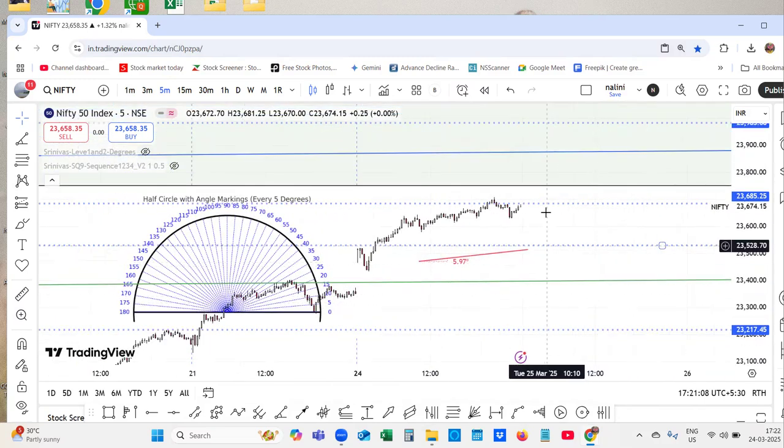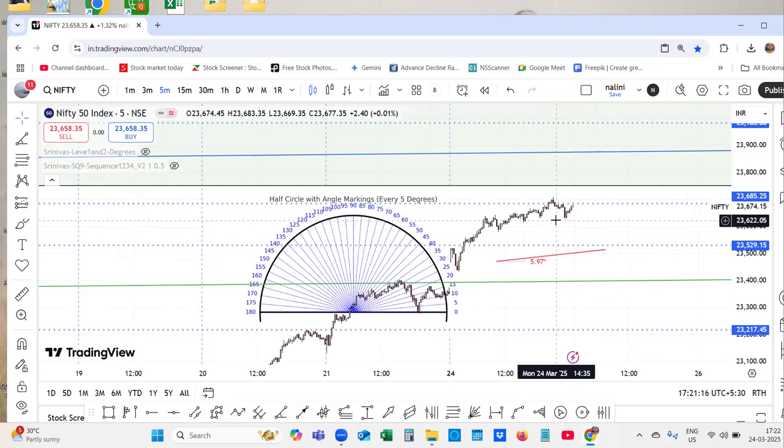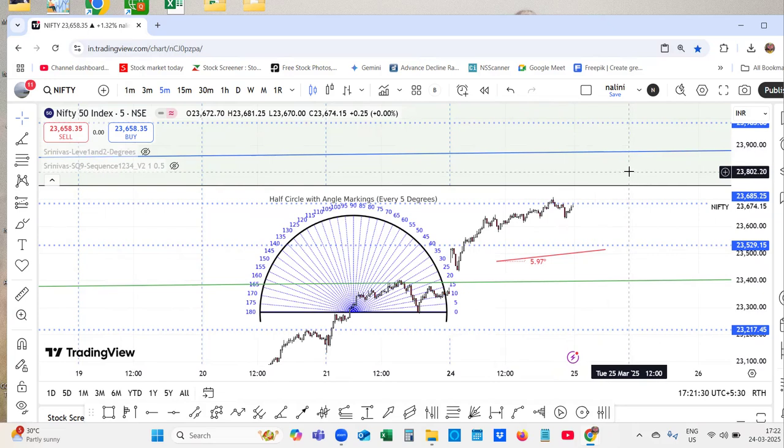So we need to see if there will be continuation of the trend on Tuesday also. I posted where the levels are where it can face some sort of resistance, where it will go. The probable target is 23,978 on the Nifty.